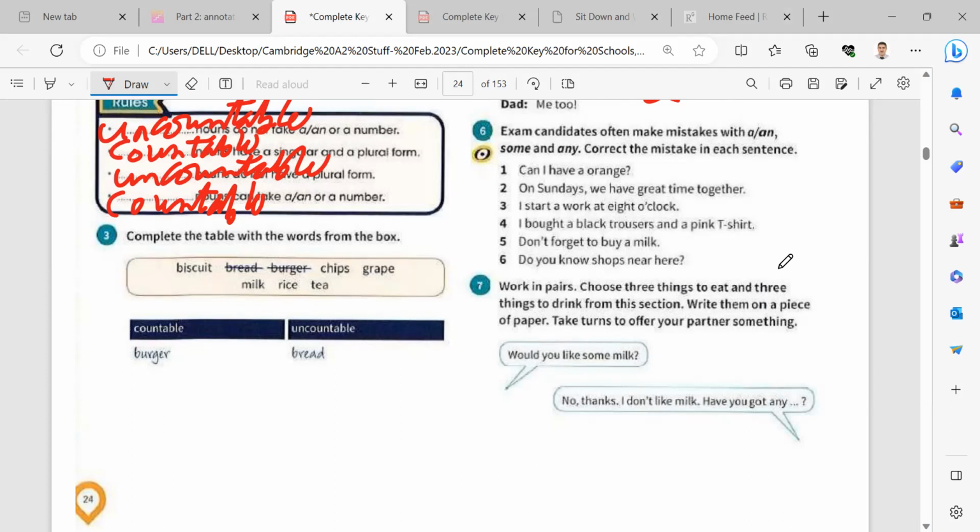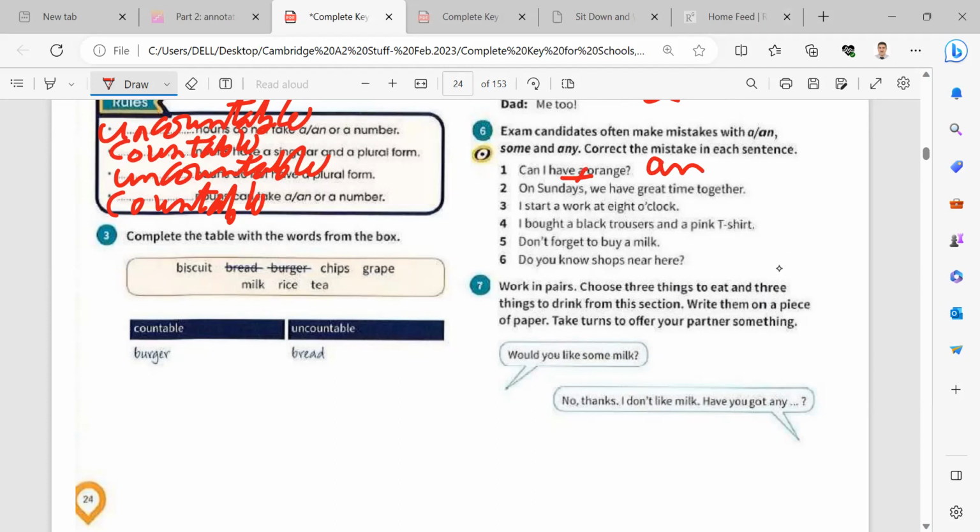Teacher, I finish. Yes. Number 1. The mistake is a. Can I have a? This is the mistake. Exactly. You should say an.